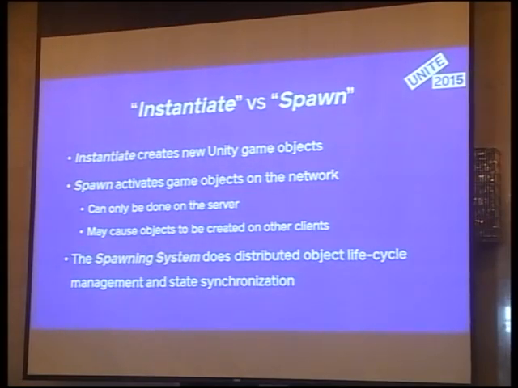And we use the word spawn to activate that object on the network. So when an object is spawned on the server, it gets created on all the clients that are connected to the server. And then the spawn system is the thing that manages all of the spawned objects across the clients and the server.